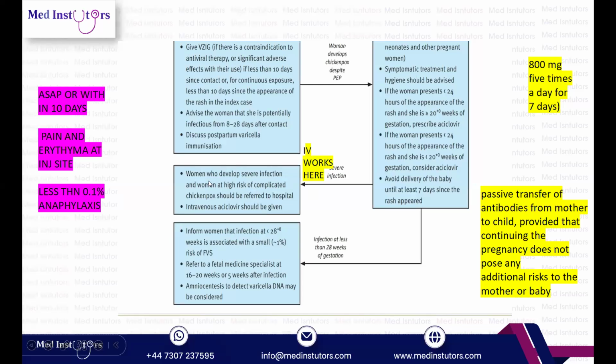So a woman who develops severe infection, and what a severe infection is I'll be telling you in the next few slides, and the women who are at higher risk of complications of chickenpox should be referred to the hospital. These are the two conditions where women could be referred straight away to the hospital. They will be directly referred to the hospital, and intravenous acyclovir should be given to them.